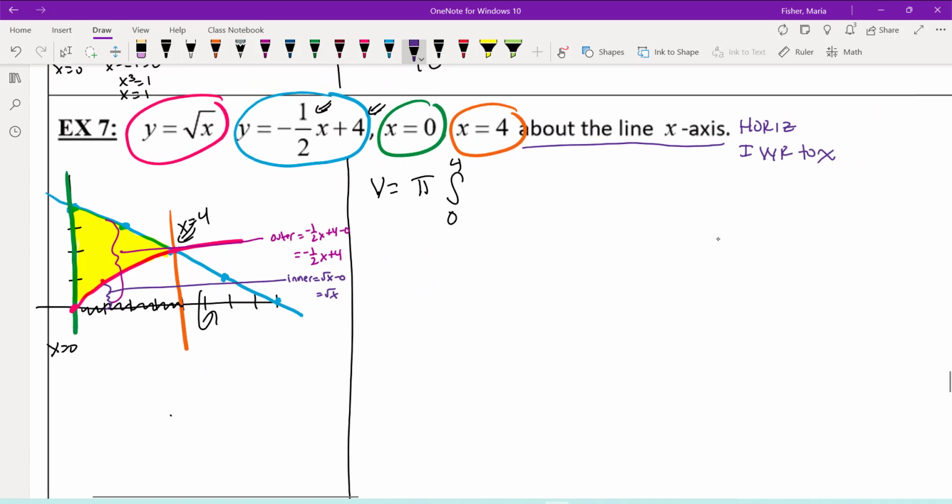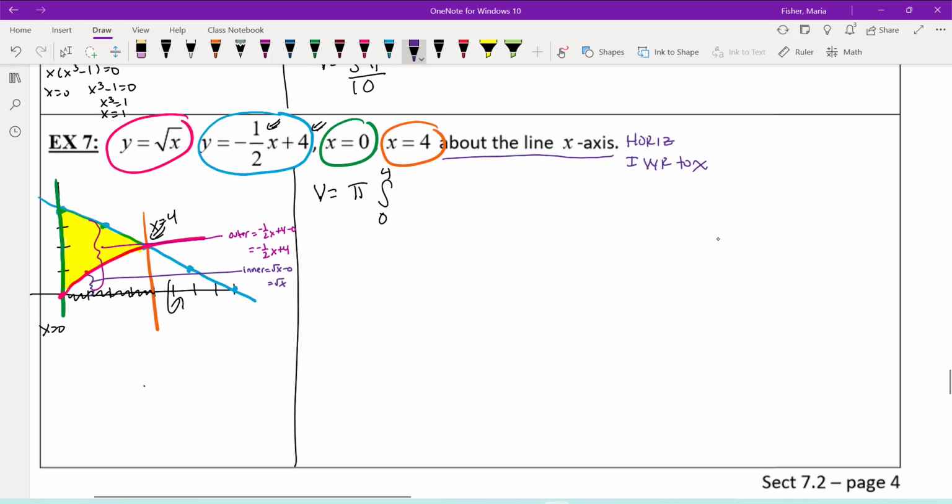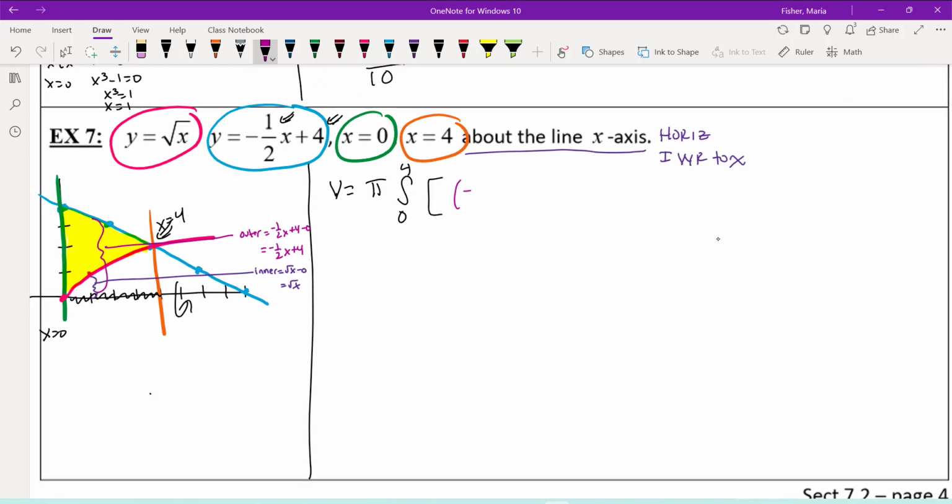Coming back over here and plugging it into the formula, we are going to look at negative 1/2 x plus 4, so our outer radius squared, minus the square root of x, inner radius squared, dx. Again, if you need to, write that quantity twice so you can FOIL it correctly. I'm just going to go ahead and FOIL it for us without writing it twice.